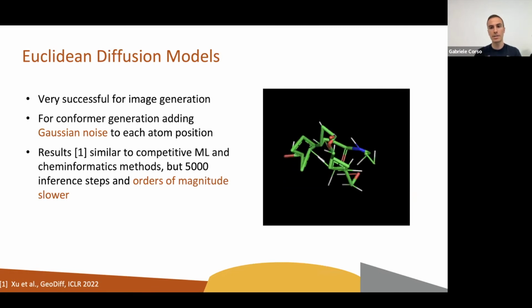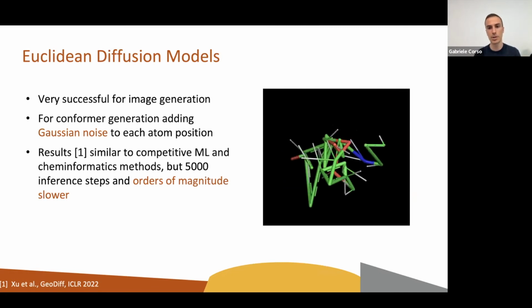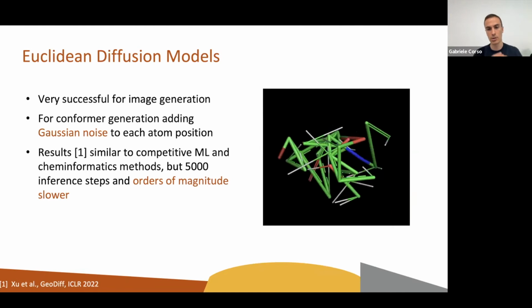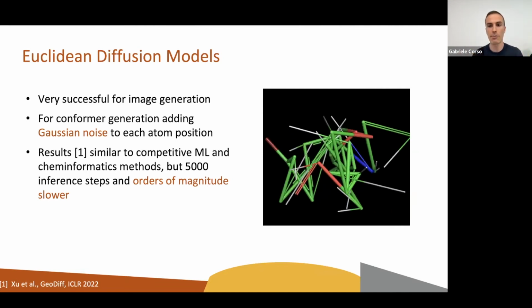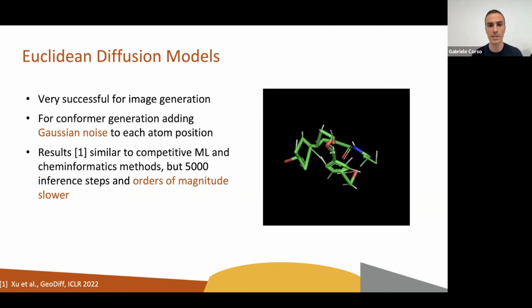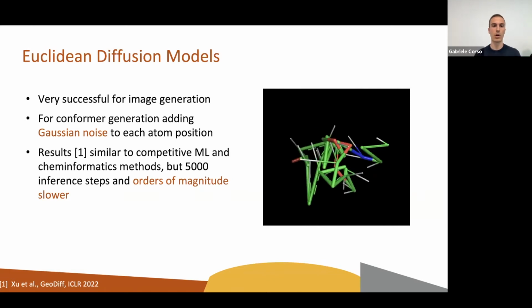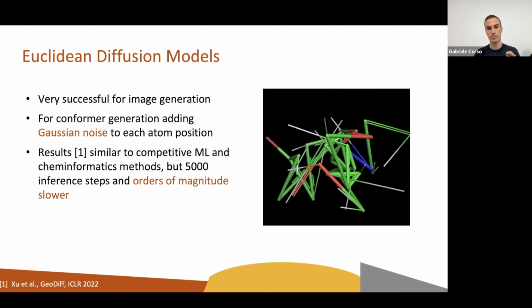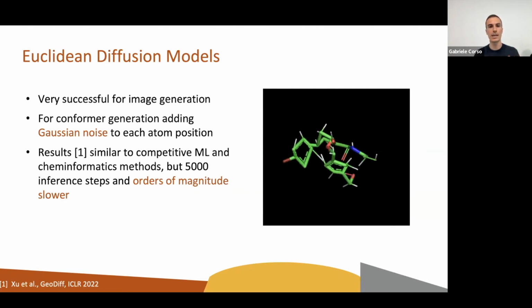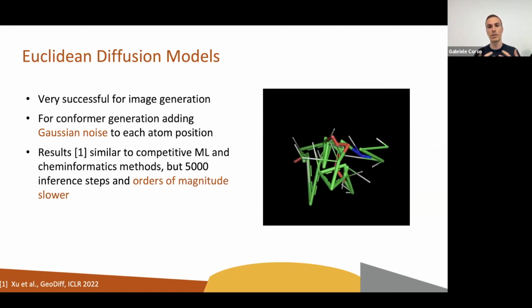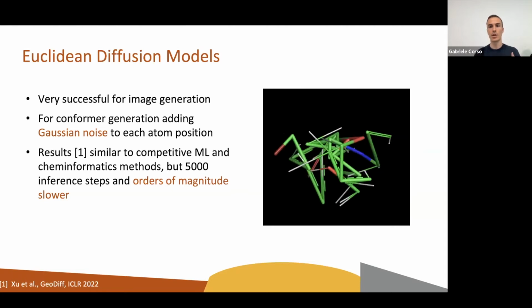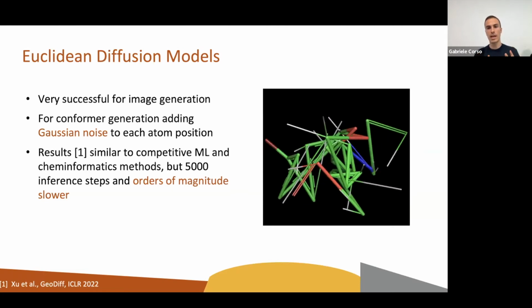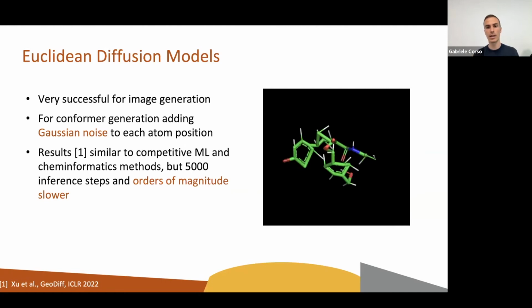You add an increasing amount of Gaussian noise until your image basically becomes a randomly sampled vector. You train a model to reverse this process of adding noise. Then at inference time, you can start with a random vector and gradually sample an image.